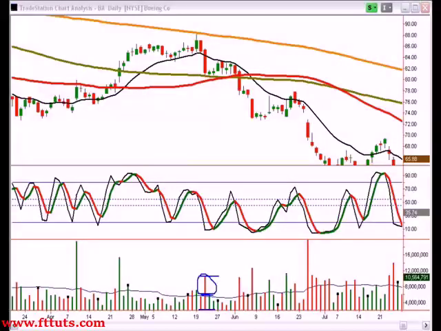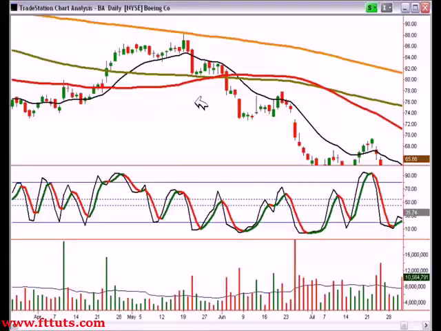Well, let's get this off of here and look. Boom. It's moving down. So very little volume on the up move and very big volume on the down move. And by having the chart draw that line, it becomes immediately apparent.